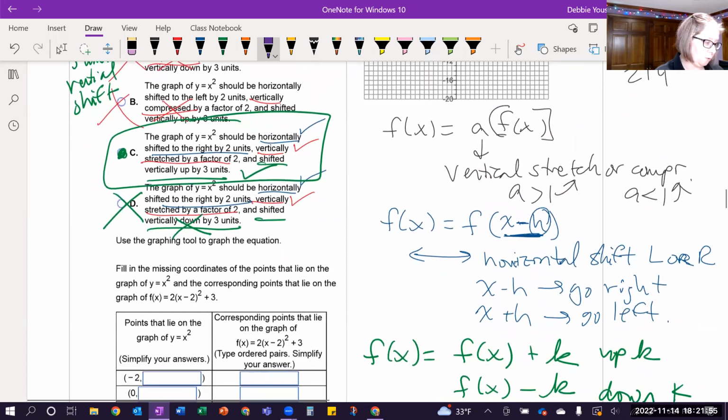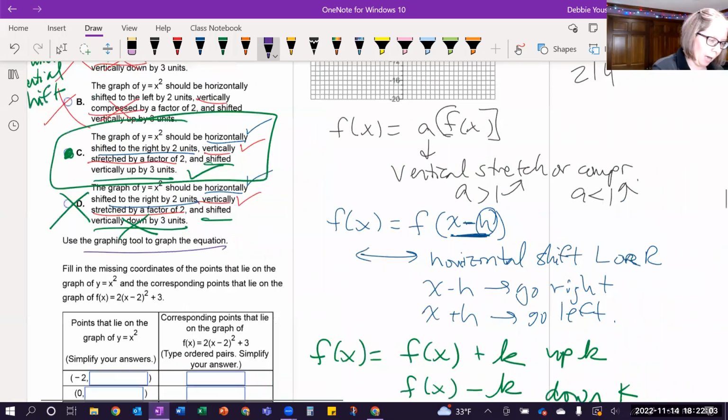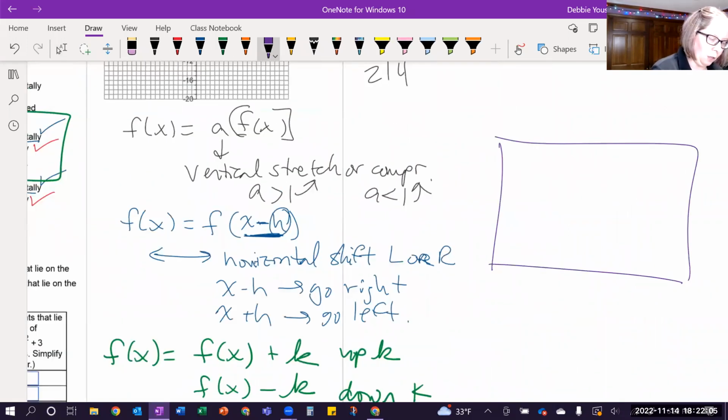So then it says, use the graphing tool to graph the equation. So in MyLab, you probably know by now from doing your homework, you'll get a little box that shows up. And that box will have a little box for a reflection, and then it'll have some sliders for shifting.